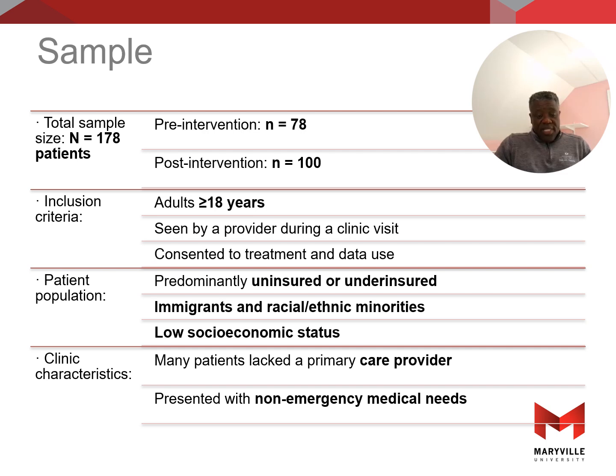The inclusion criteria were adults 18 years or older who were seen by a provider during the clinic visit and who consented to have their data used in research. The patient population was predominantly uninsured or underinsured immigrants and racial and ethnic minorities of low socioeconomic status. Many patients lacked a primary care provider and presented with non-emergent medical needs.